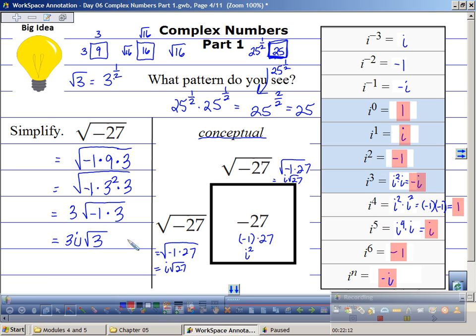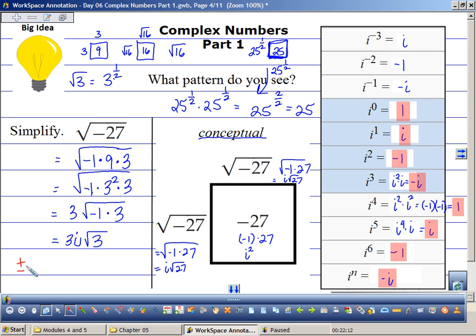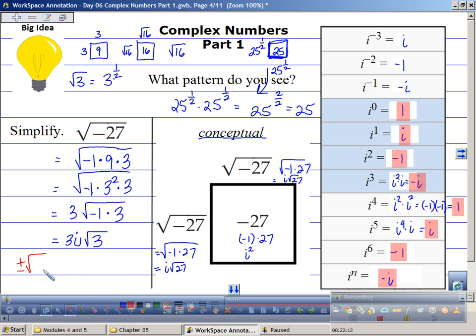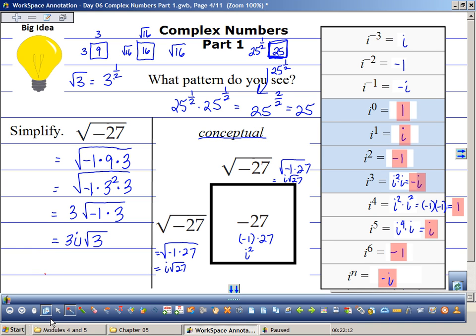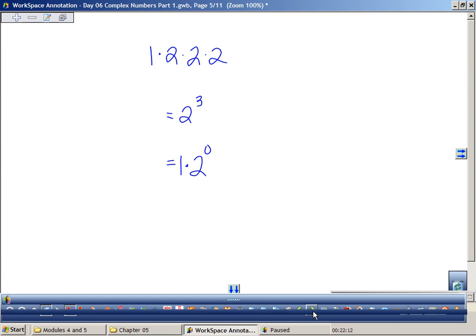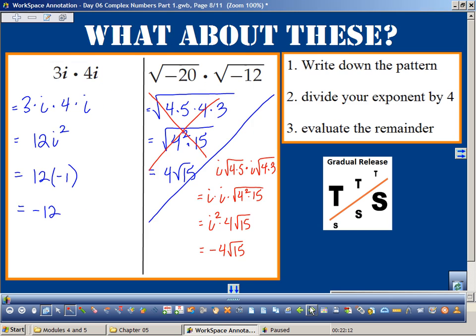It's kind of like the same reason why we have to do the plus or minus in front of a square root. Because when you're squaring stuff, you get rid of negatives, right? And when you have a negative to begin with and then you just decide to get rid of it, it's underrepresenting it. It's gone. It disappears. And we can't let it disappear, because we know from the get-go that there was a negative in there.